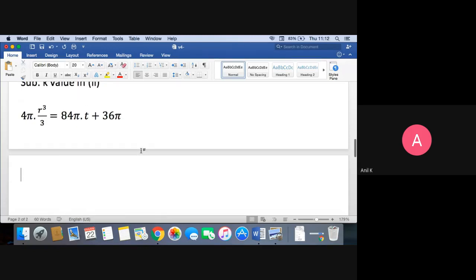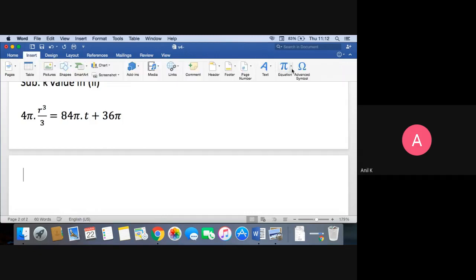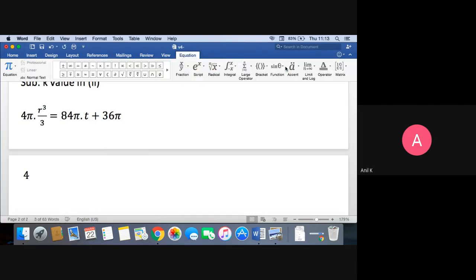What cancellations will take place? Pi will get cancelled on both sides. Then you have 4 upon 3 r cube equals 84t plus 36. 4 also will get cancelled on both sides.